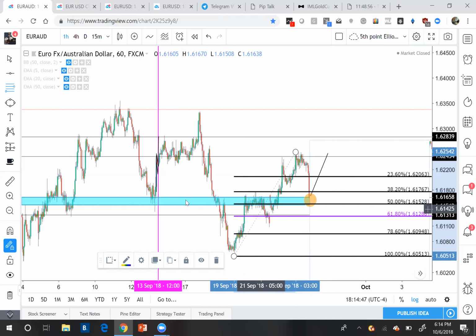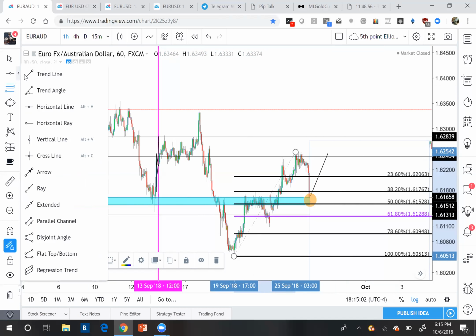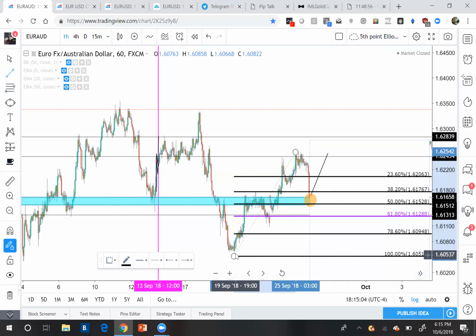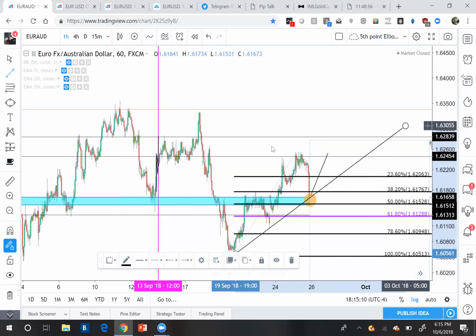And so this reversal area here, combined with the 50% level on the Fibonacci, right? Also combined with the fact that we are in a bullish trend, right?